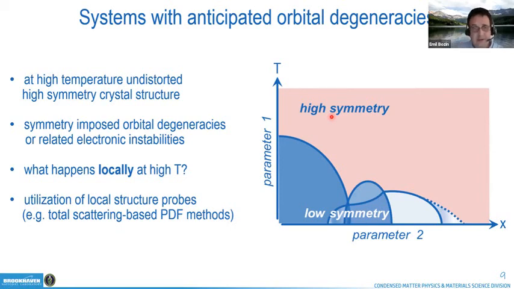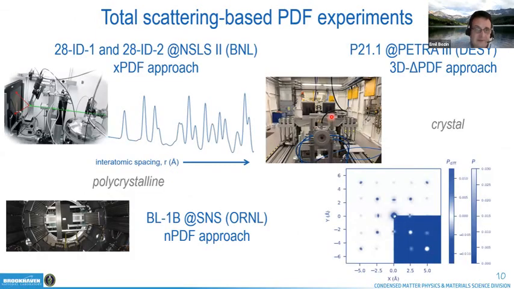So we usually study local structure of materials on polycrystalline samples using conventional X-ray PDF and neutron PDF approaches at these facilities. And more recently, we started adopting an emerging method, which is called the 3D differential PDF approach, which is based on single crystal measurements.